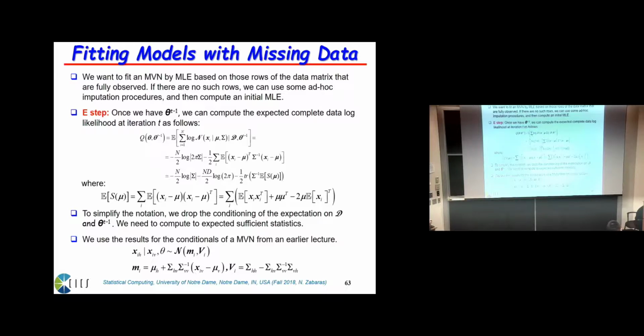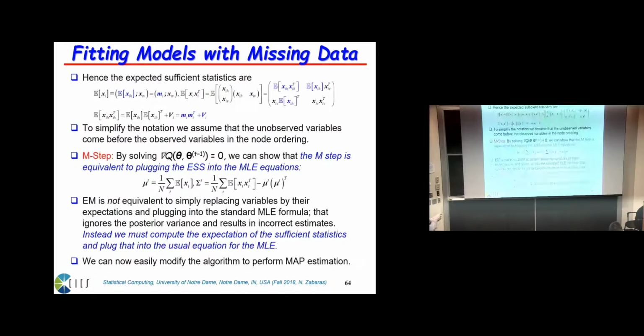The expectation of the hidden component, x hidden transpose, you can compute that through the variance vi. So you can do this, all right? This comes from the conditional, all these blue terms from the conditional Gaussian.